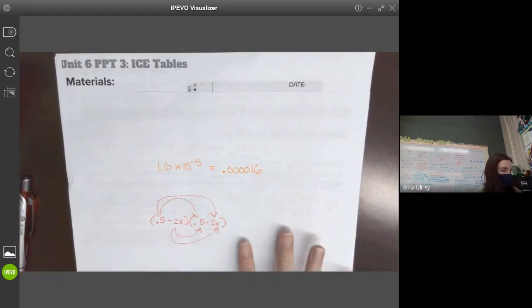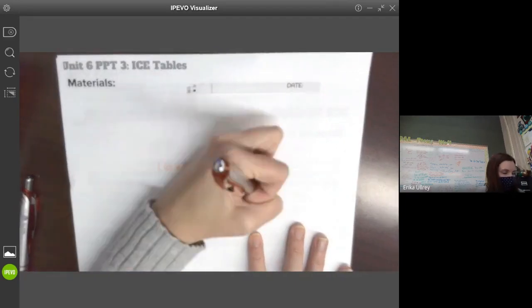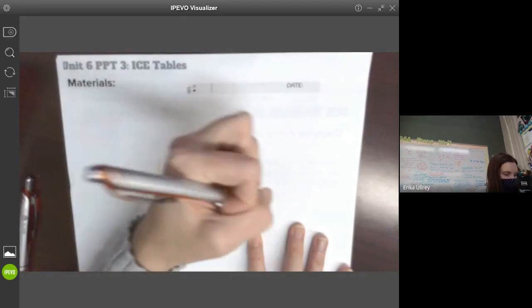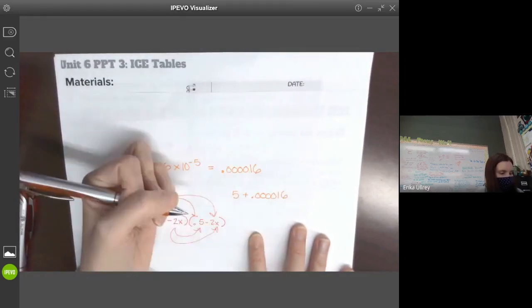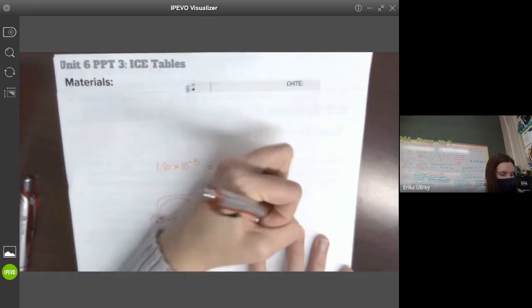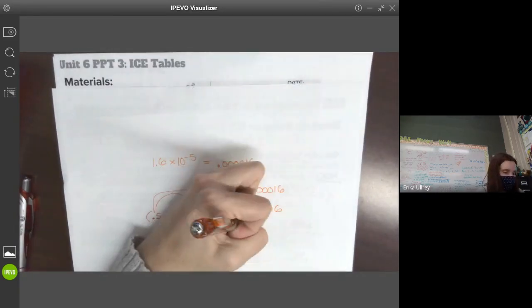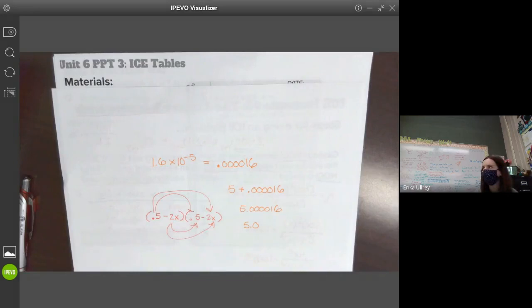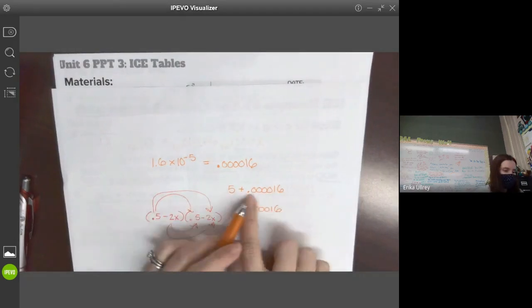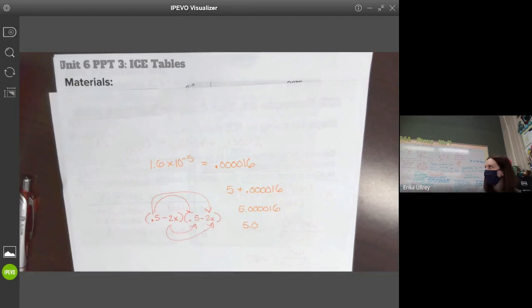So if we've got a number like 5 and we add to it 0.000016, you get 5.000016, and I tell you to round it to 2 significant figures, your answer is going to come out to be 5.0, right? So it doesn't matter that we added that really teeny tiny quantity to my 5. When I ask you to round it to 2 significant figures, we're going to drop that little teeny tiny change off of it. Does that make sense?